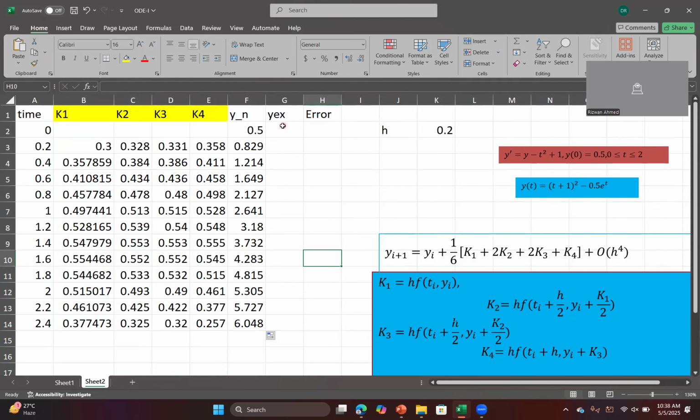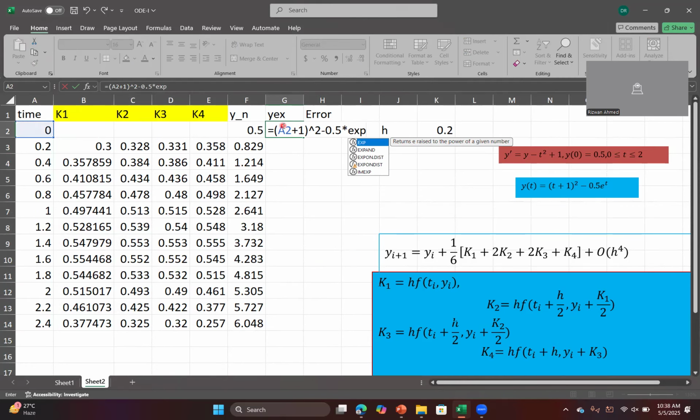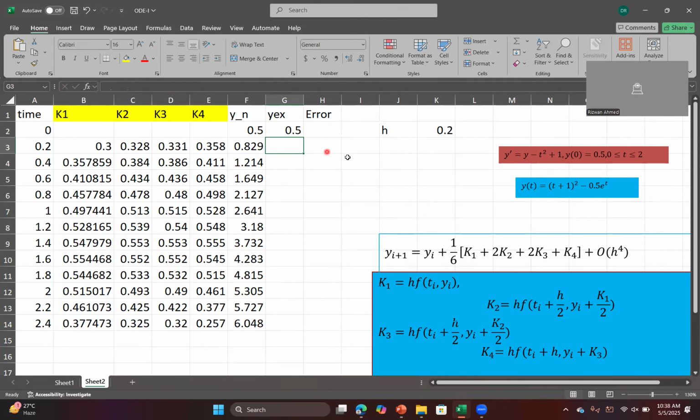Now the crucial step: compare it with the analytical result. So I compute the expression. It is t plus 1 squared, so the t value plus 1 and whole squared, minus 0.5 times e raised to the power of the t value. I think I have calculated the analytical expression correctly. Now, let's do it in a dramatic way. I first calculate the error value.